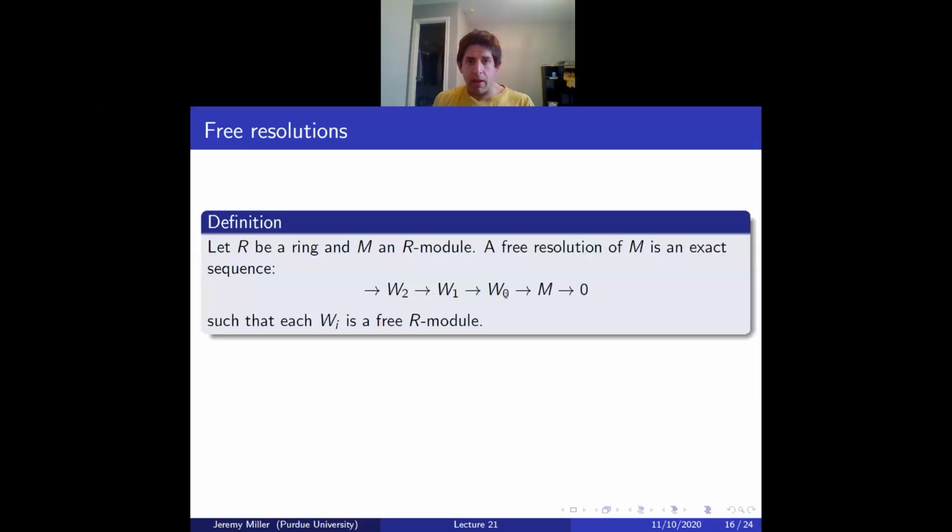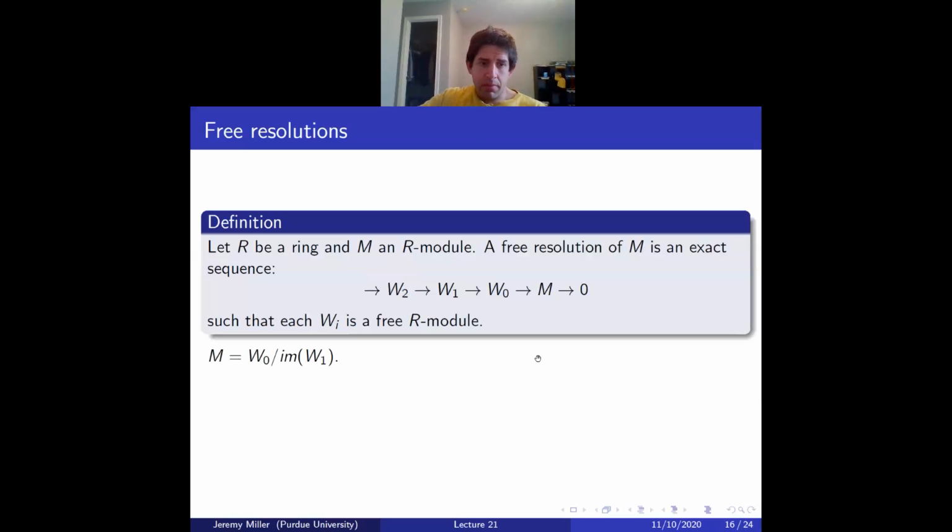So, R will be a ring and M will be an R module, and a free resolution of M is just an exact sequence like this, where all of the W_i's are free. In this case, M will be W0 modulo the image of W1. That's what exactness says.